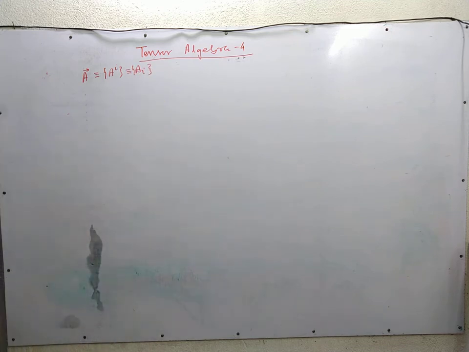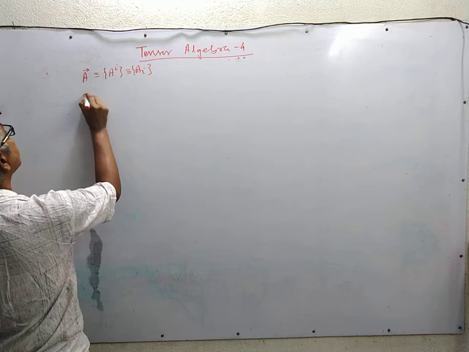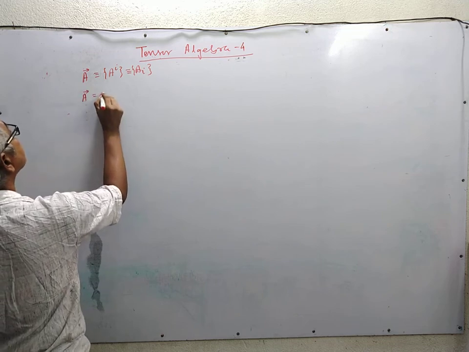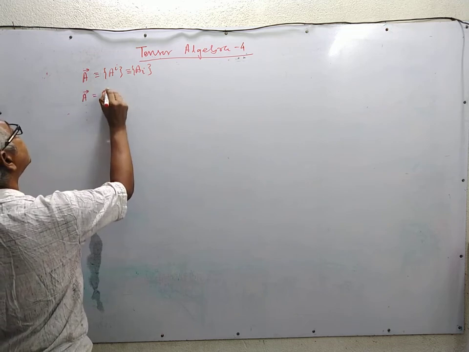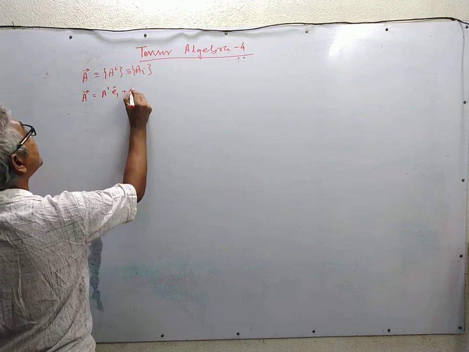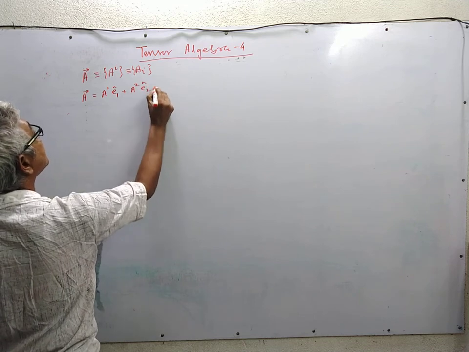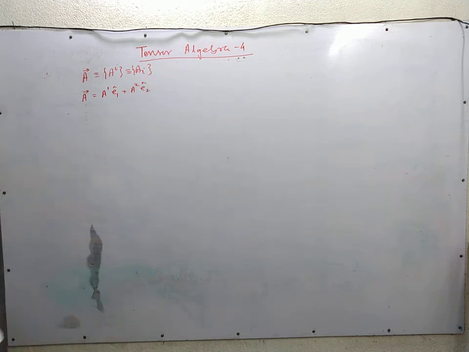What is the distinction between these two? We can write the vector A explicitly as A1 E1 plus A2 E2, and in 3 dimensions there will be a third component, but we restrict ourselves to a vector in 2 dimensions.